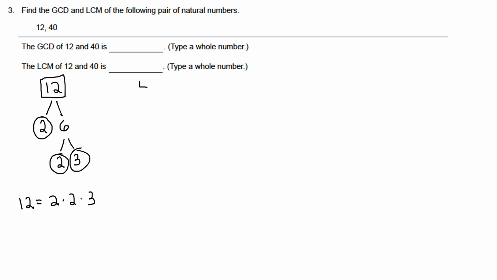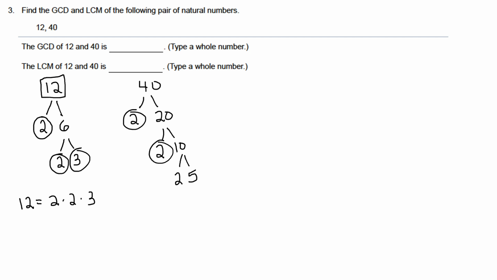Now we're going to factor 40 into the set of prime numbers. Two numbers that when multiplied together give me 40 are 2 times 20. 2 is a prime number. Two numbers that when multiplied together will give me 20 are 2 times 10. 10 can be rewritten as 2 times 5.